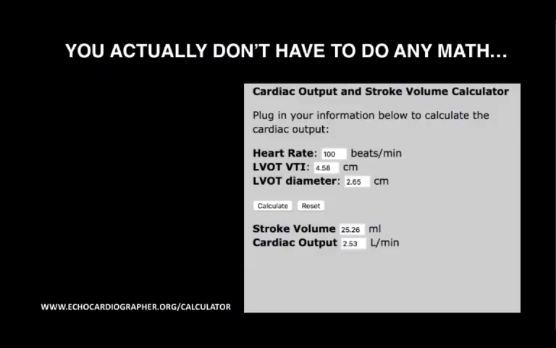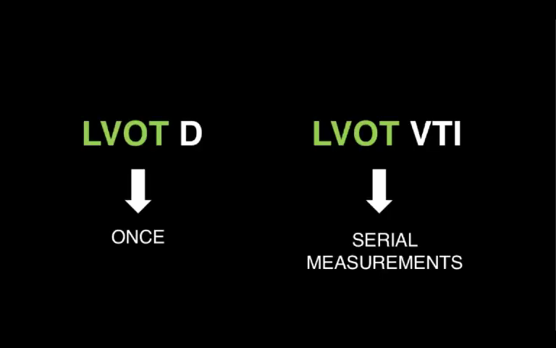And you actually don't have to do all this math in your head. You can actually go online and just put in all the numbers, and the formula will spit out your cardiac output. There are all sorts of apps, and even your ultrasound machine will actually do this for you if you know how to operate the package. So once you measure the LVOT diameter, you can stick to that number. That's not going to change in your patient.